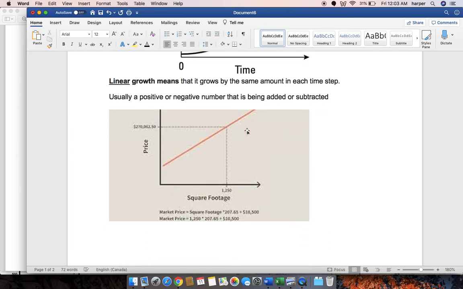Let's talk about linear growth with an example. Say you are selling a house, and you have a house that is 1,250 square feet.